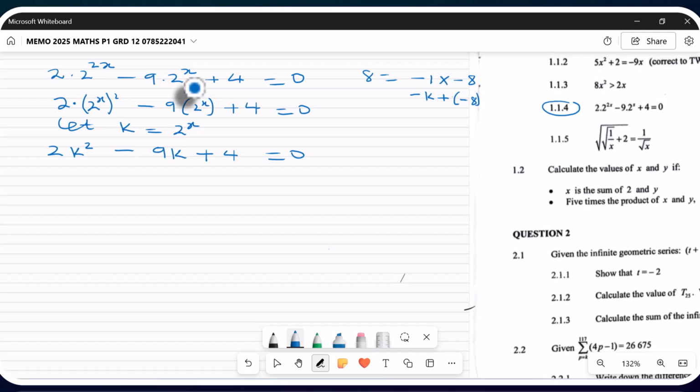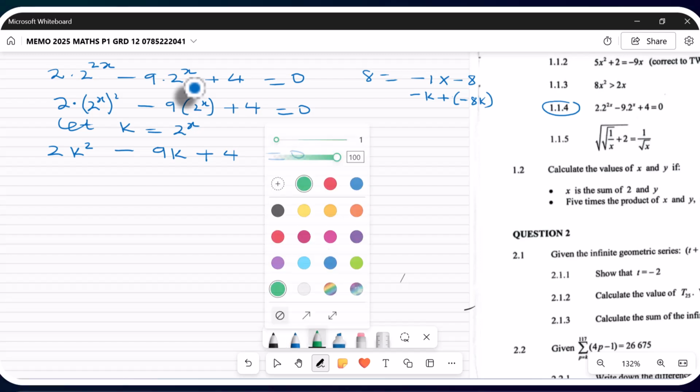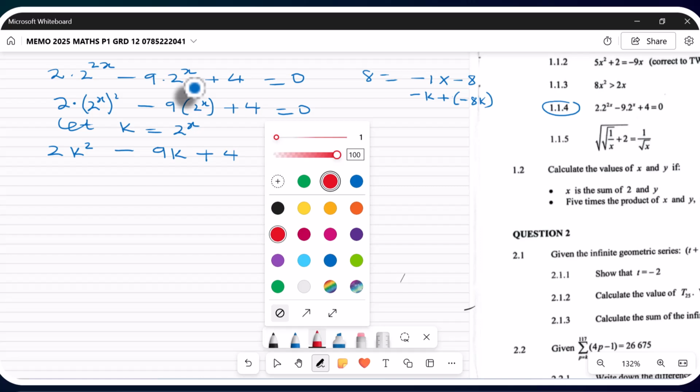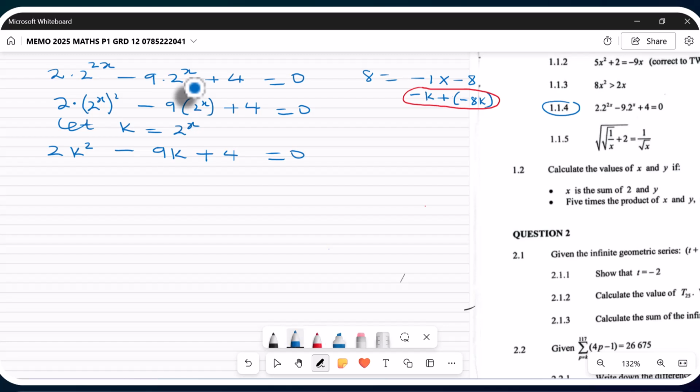So I'm going to say that now my solution is 2k squared, then minus 8k minus k, then plus 4 equals to 0.